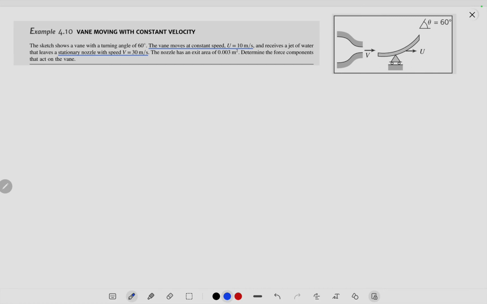Now since our interest is to find the force components on the vane, I have to take a control volume like this.